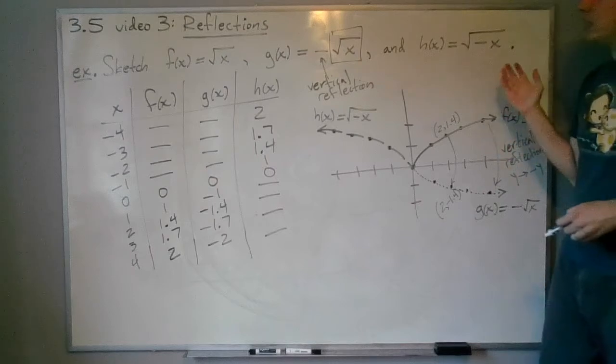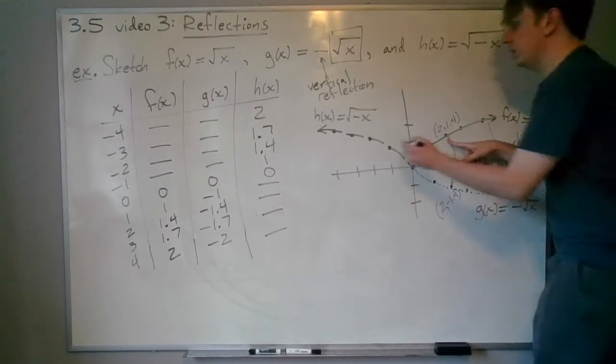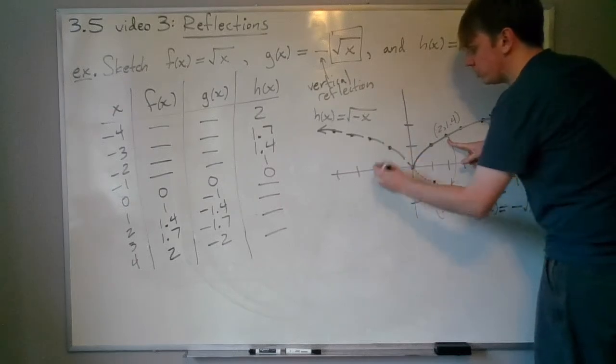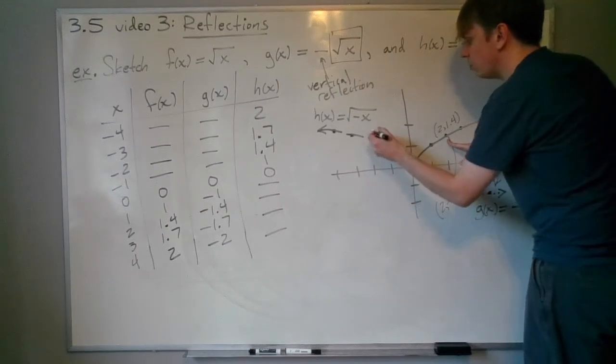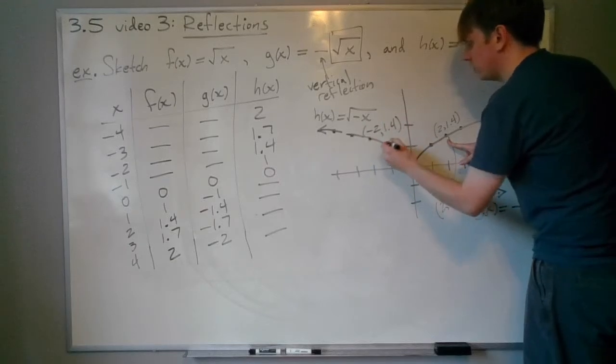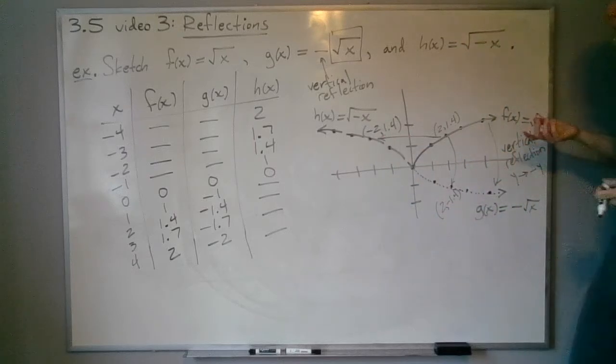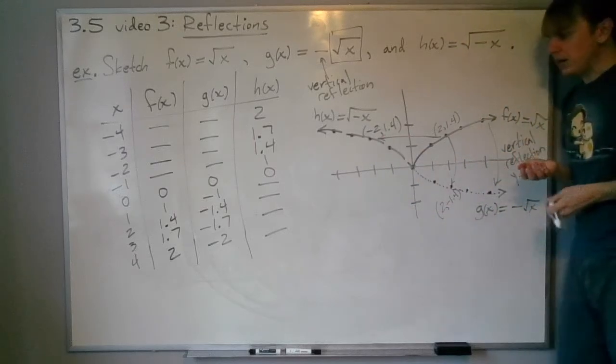And so if I again look at this particular point, it gets transformed into this particular point, which is negative 2, 1.4. And again, I'm multiplying by a negative.